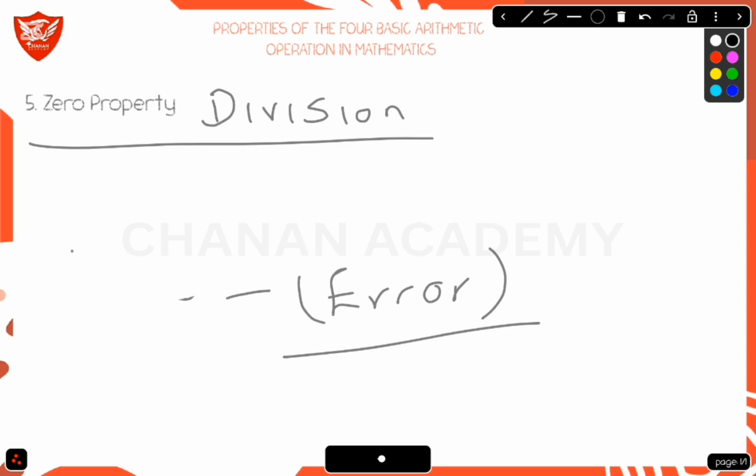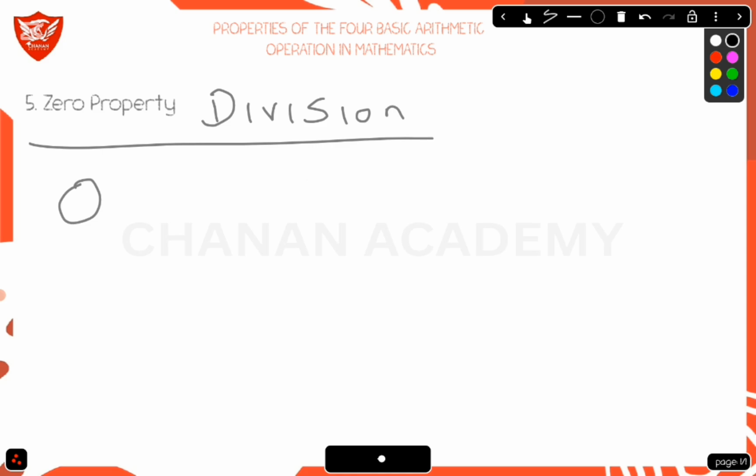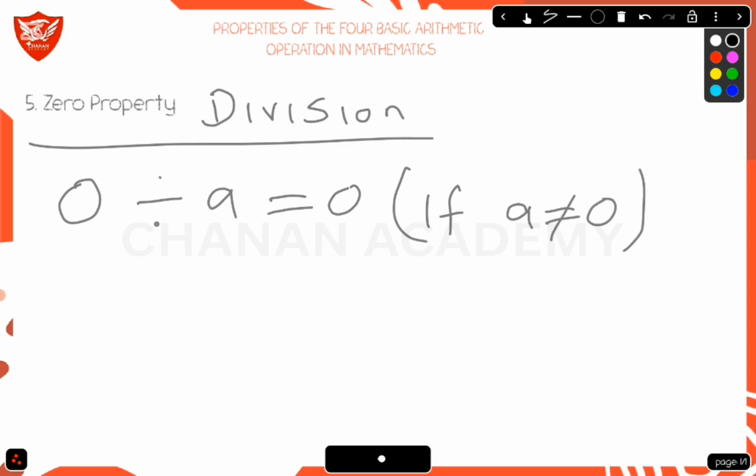So the next one is, if any element divides 0, the answer will be 0. So let's say 0 divided by a, the answer is 0, under a condition that if a is not equal to 0, meaning a cannot be 0.